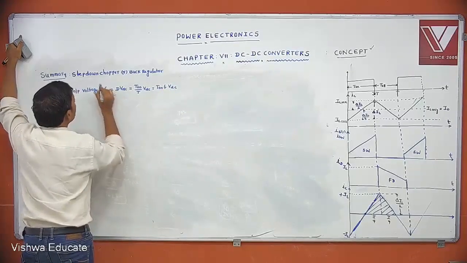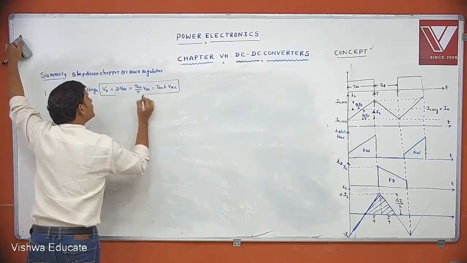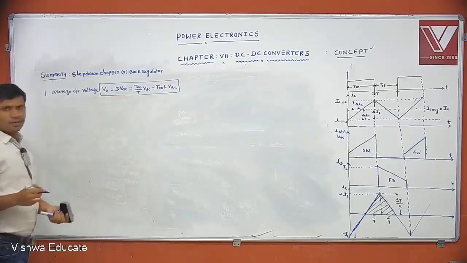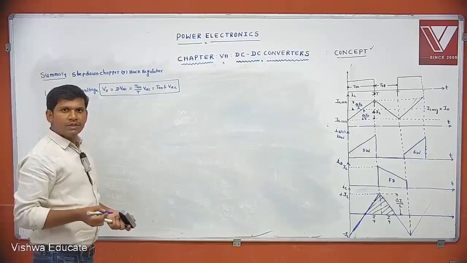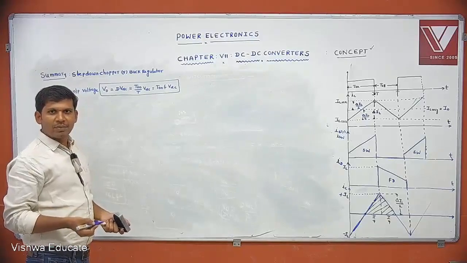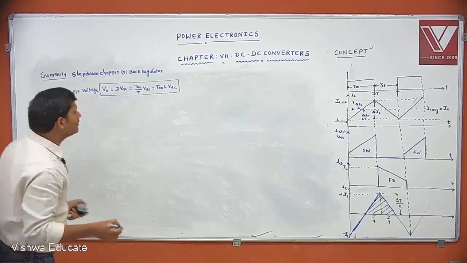You can expect any of these formulas, where F is the switching frequency. Sir, input is DC, so where do we get frequency? It is not a supply frequency, it is a switching frequency. Next.